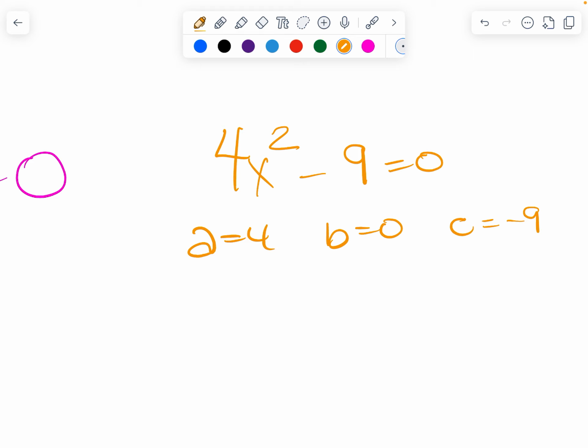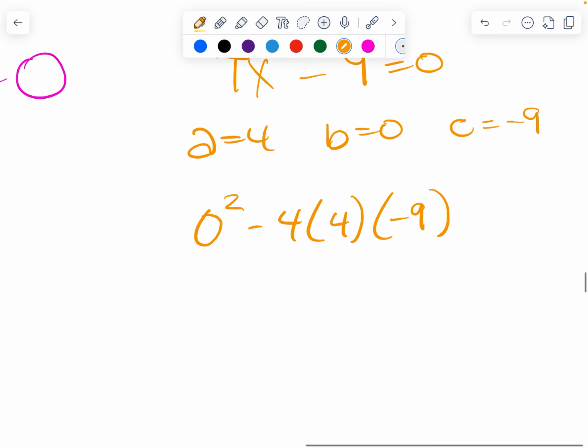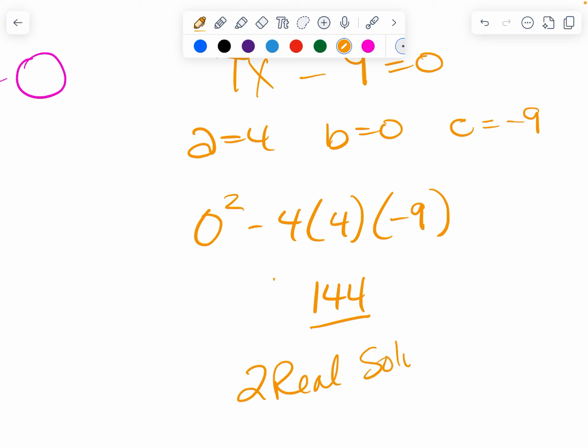So if I was to do this one, b squared minus 4 times 4 times negative 9, I would get a positive 144. So since this is positive, that's going to be two real solutions.